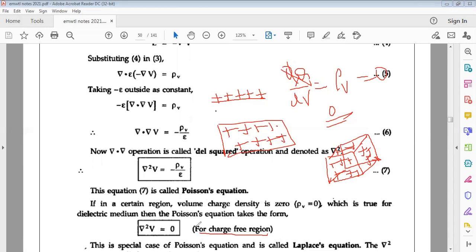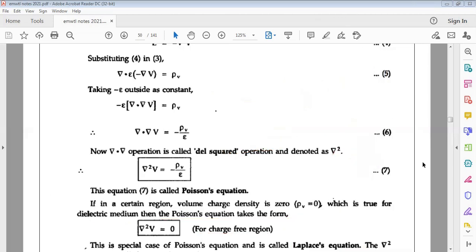So del square V is equal to 0 if in a certain region the volume charge density is 0, which is true for a dielectric medium. Then Poisson's equation takes this form for a charge free region: del square V is equal to 0. This is a special case of Poisson's equation and is also called the Laplace equation.